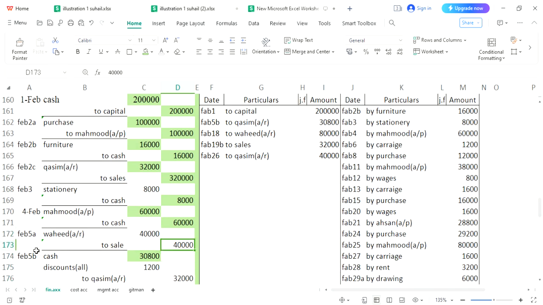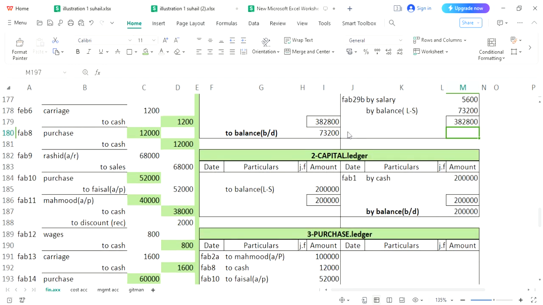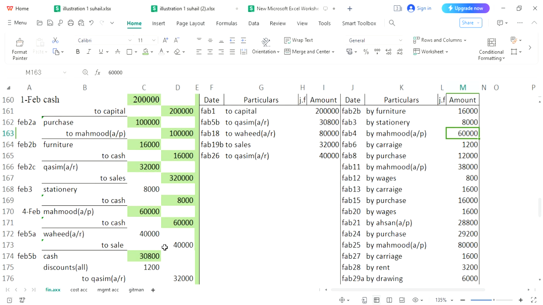Reference is also written. February 5A is the date. So we are going to put February 5A. Date is mentioned, reference is given, 40,000 is posted. It means the entry including 40,000 has been completed. So we can mark this 40,000 as completed entry.